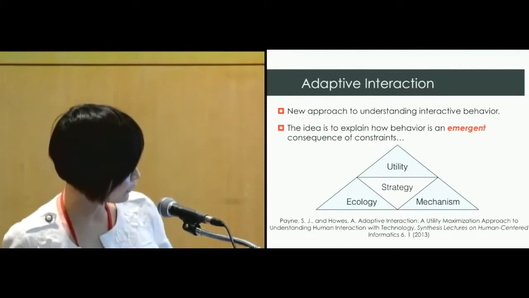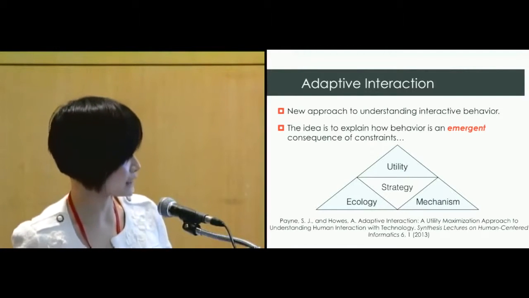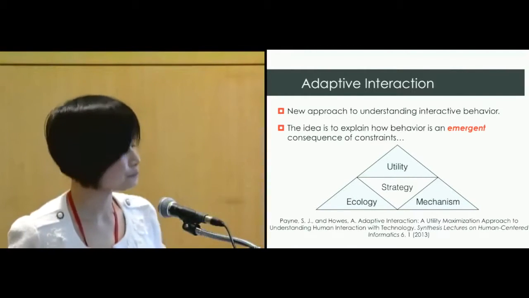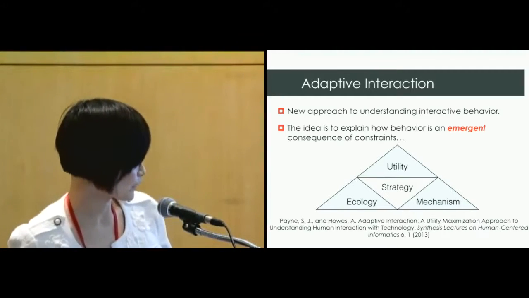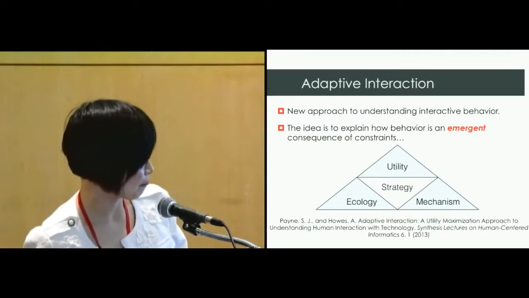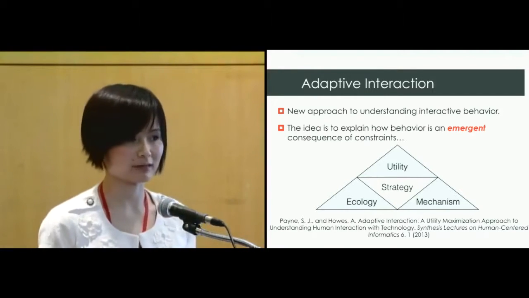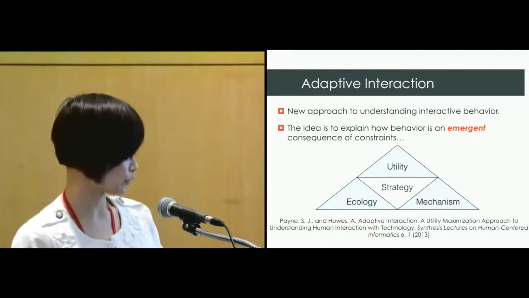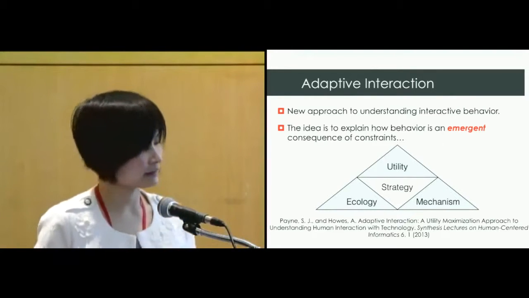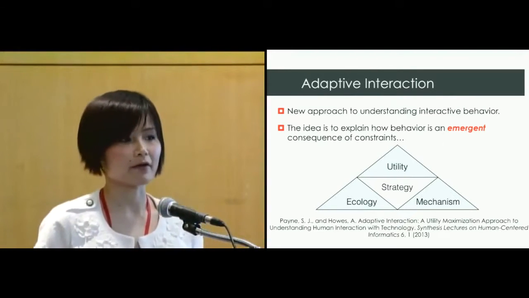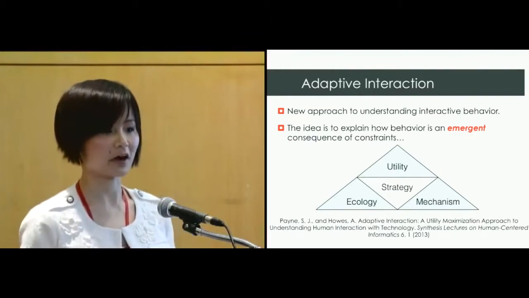In this triangular diagram, there are three sets of constraints on the strategies that users use to search menus. The first one is ecology. Ecology means a distribution of the semantic relevance or a distribution of the menu length. These distributions will give you the idea of how to distinguish target items from non-target items.